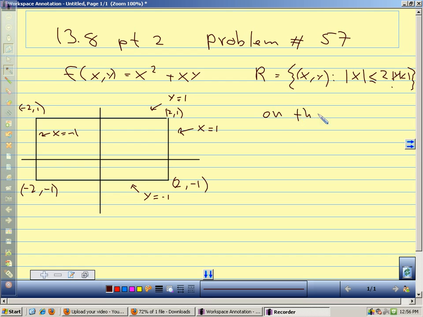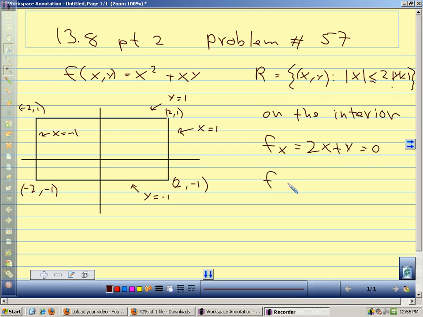So on the interior, we're looking at our partial derivatives. We're looking for critical points. So we want to set our first partials equal to 0. So f sub x, partial with respect to x, is 2x plus y, and that equals 0.